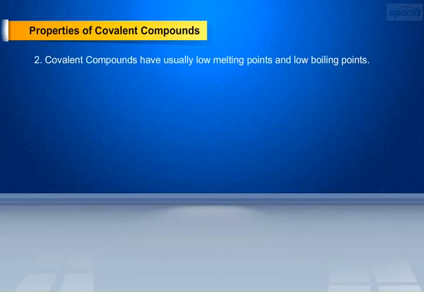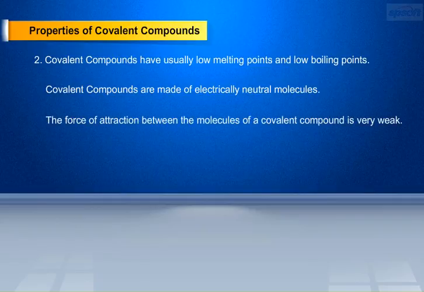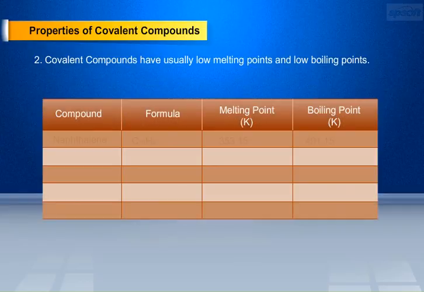Covalent compounds usually have low melting points and low boiling points. Covalent compounds are made up of electrically neutral molecules. The force of attraction between the molecules of a covalent compound is very weak. So, covalent compounds have low melting and low boiling points.